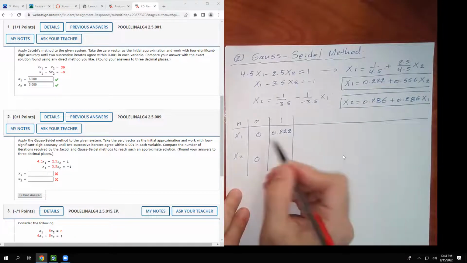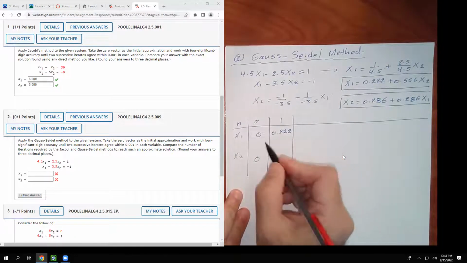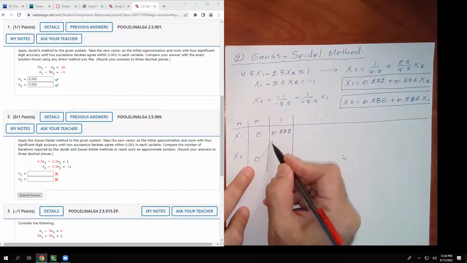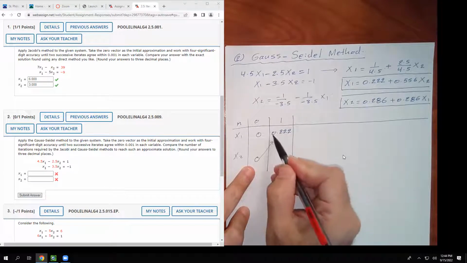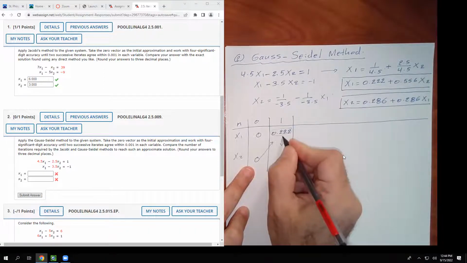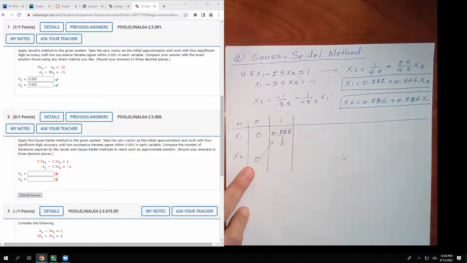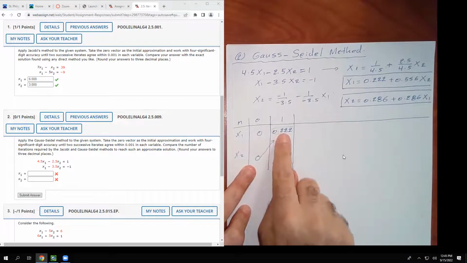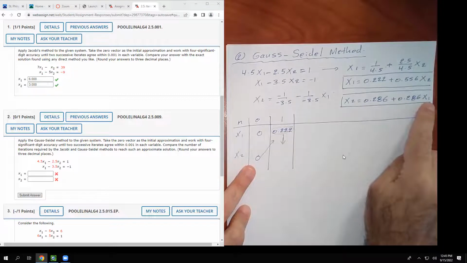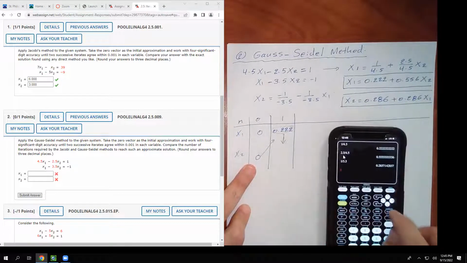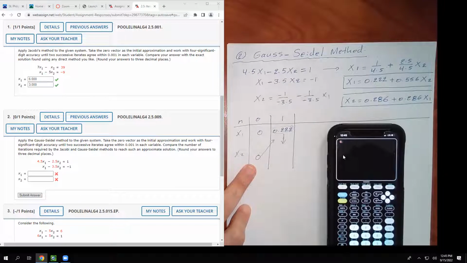So I plug this value into the equation: 0.286 plus 0.286 times 0.222.